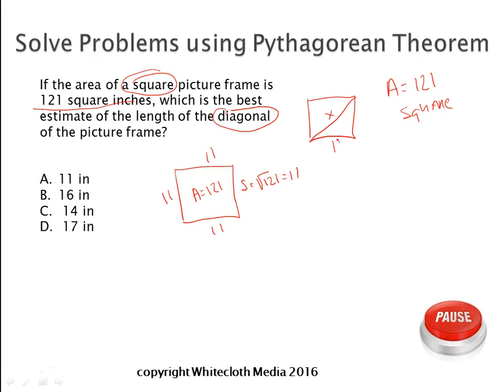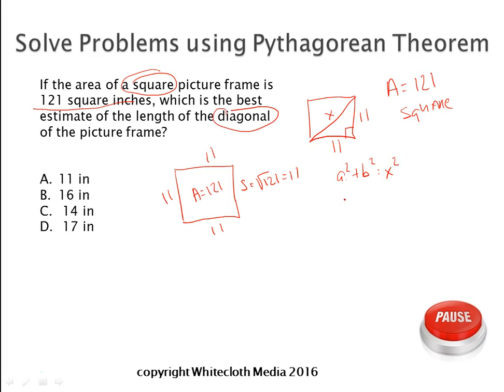So I have a side 11, a side 11, and it's a right angle. So this part right here is a right triangle with a short, short, and long. If I want to find the best estimate of the diagonal, I take a squared plus b squared equals my diagonal squared.